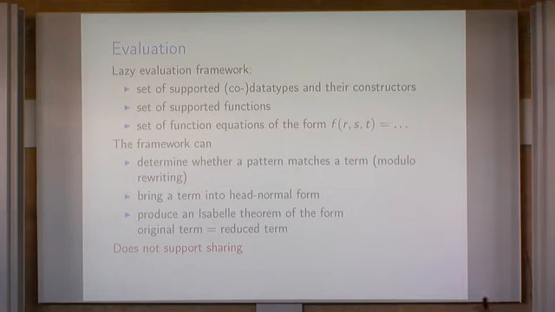So if you reduce one of them further, then all of them get reduced, and you don't have to do the work several times. And I really wasn't able to figure out how to do this in Isabelle, because it's not enough to just compute the actual result. I always have to produce a theorem like this, and I couldn't really figure out with a reasonable amount of effort how to produce theorems when you have sharing in the background.